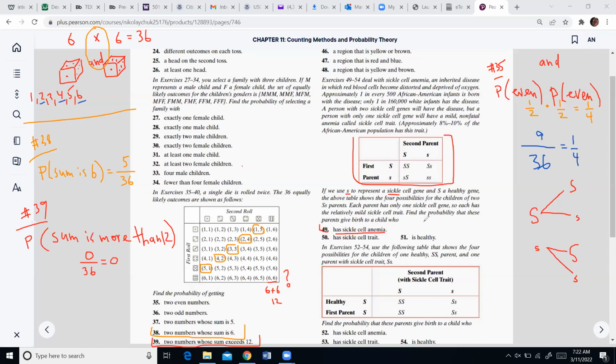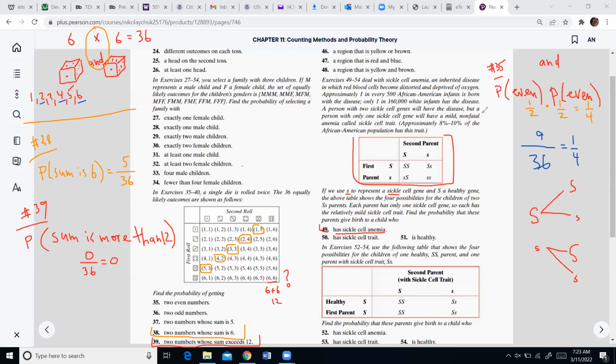Find the probability that parents have a child who has sickle cell anemia. So the question is, in what situation does this sickness appear?